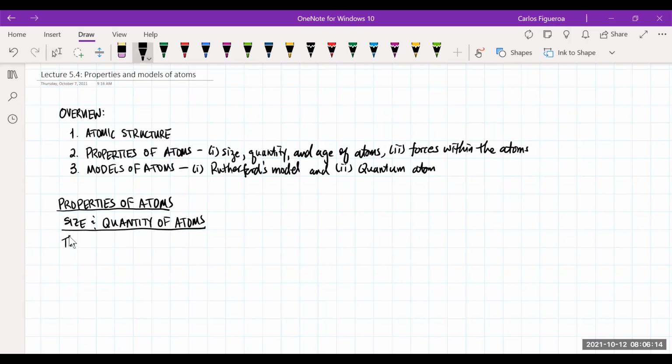So the nucleus is extremely tiny. And it's hard to comprehend just how tiny this thing is.